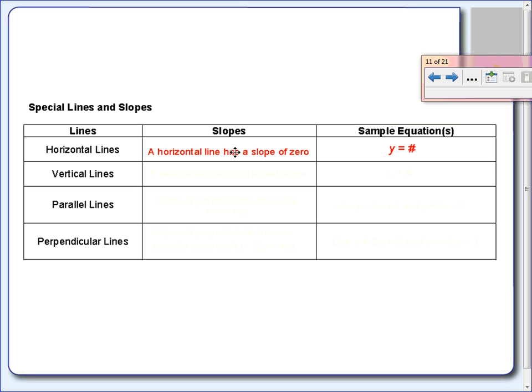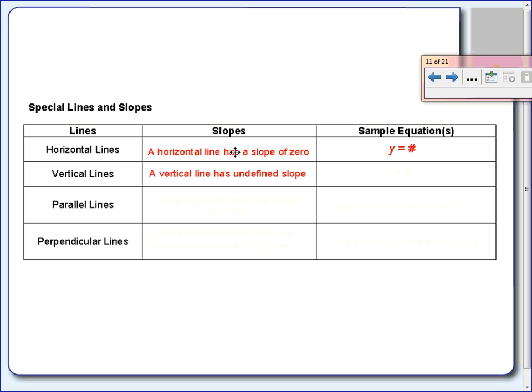A vertical line is just the opposite. A vertical line is a line that goes up and down. Anybody know what kind of slope you have for a line that goes up and down? Undefined. It's an undefined slope. So I'm going to give you an equation that would have an undefined slope, or a vertical line.